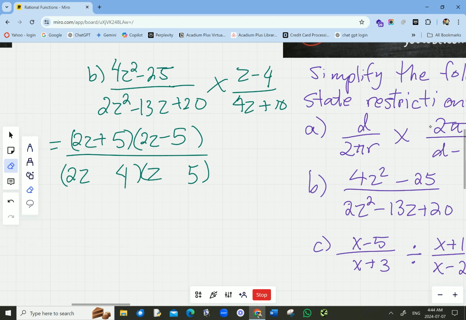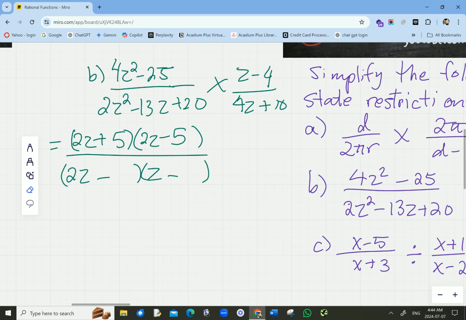So why doesn't it work? If we use 5 and 4, for example this, 2z times negative 5 is going to give us negative 10z. Then negative 4 times z is going to give us negative 4z. That's going to give us negative 14z as our cross term, which is not what we're looking for. So let's try something else. Let's try 2 and 10.